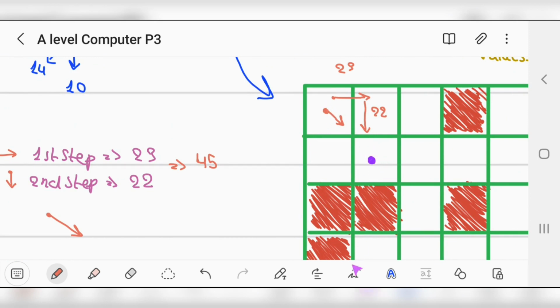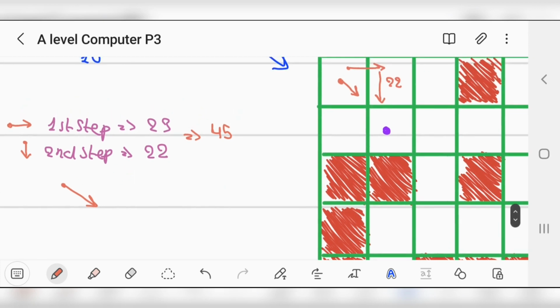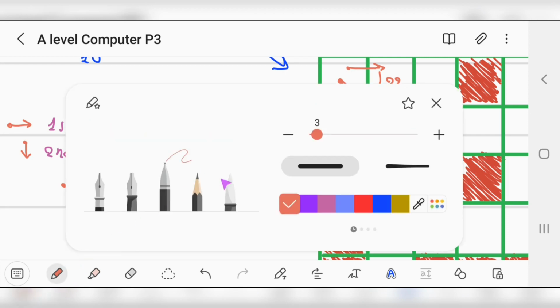The value is 14 in the GN, but in the HN it would be 12, so it would be at least 26. 12 is in the HN, and 14 is from the GN, so 14 plus 12 is 26.